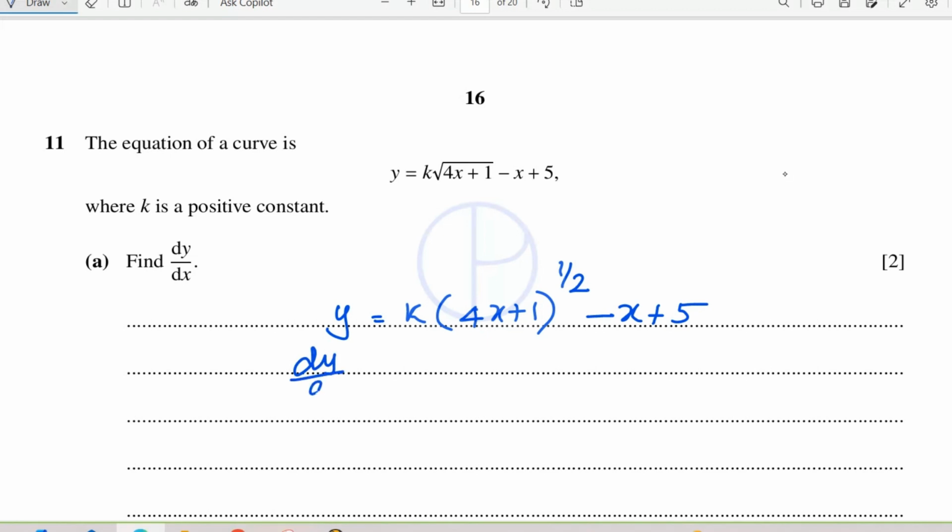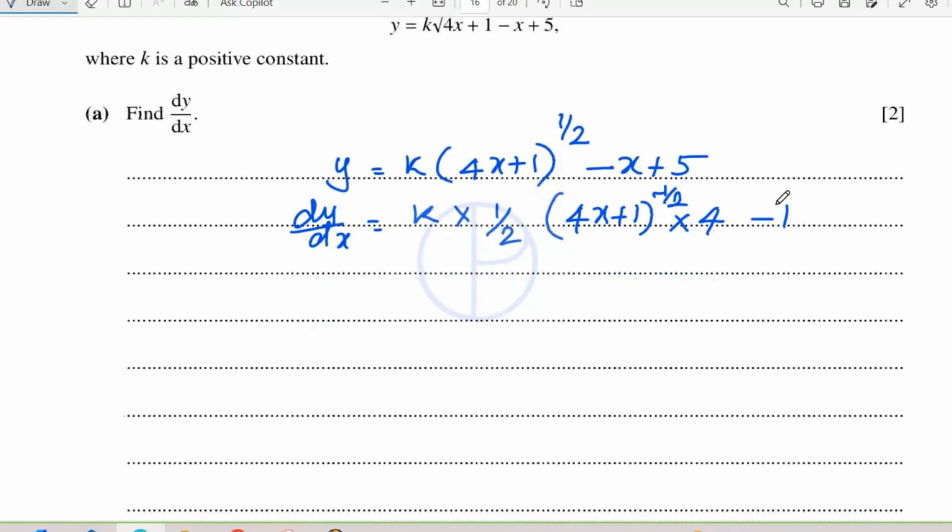So dy by dx equal to k multiplied by the power 1 over 2 multiplied by 4x plus 1, decrease the power by 1, so negative 1 over 2, multiplied by the coefficient of x, which is 4, minus 1. So this is equal to 2k divided by square root of 4x plus 1, minus 1.